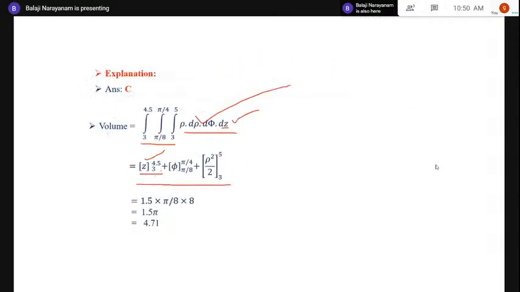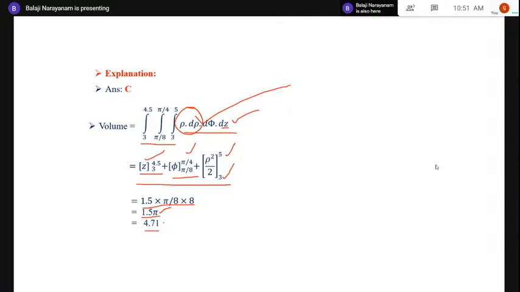Integral d phi is phi, with limits pi by 2 and pi by 4. Integral of rho d rho is of the form integral x dx, so rho square by 2, with limits 3 and 5. You may easily get the value as 1.5 pi as the volume.